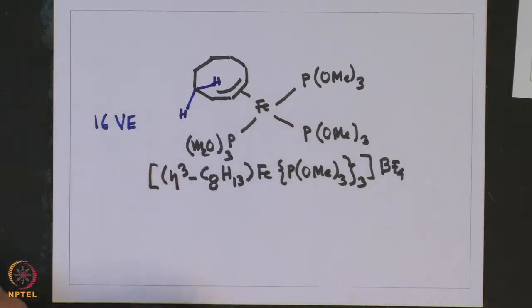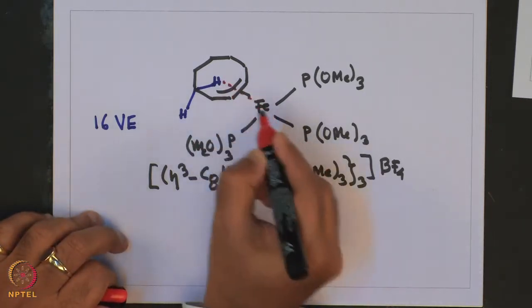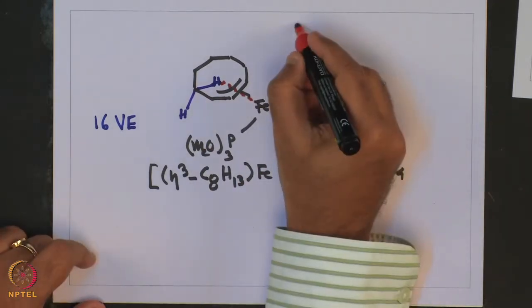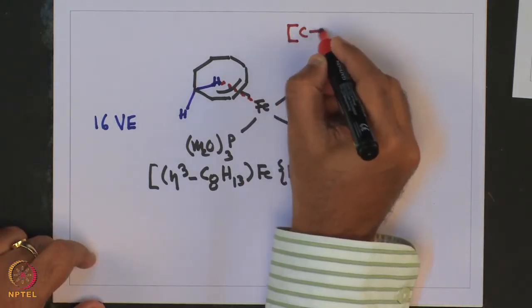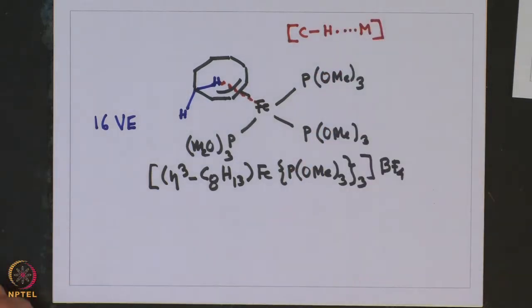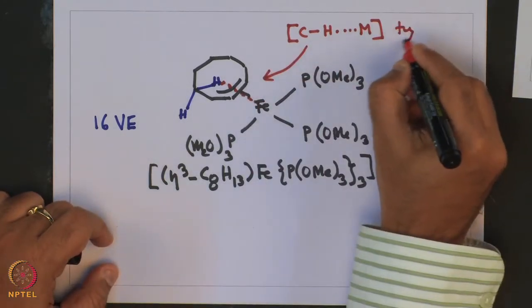So, one of these hydrogens interacts with the iron center in an agostic fashion, which is a CH to M type interaction.